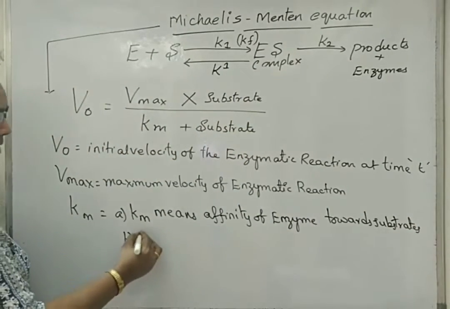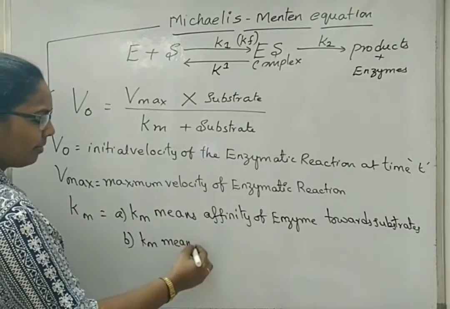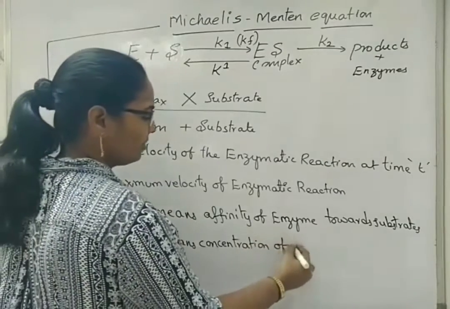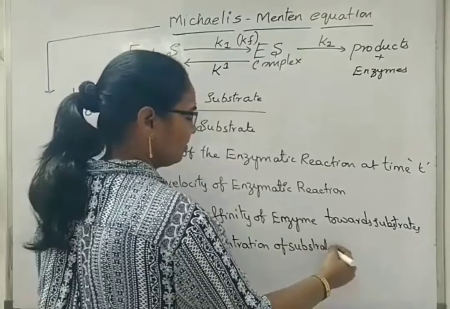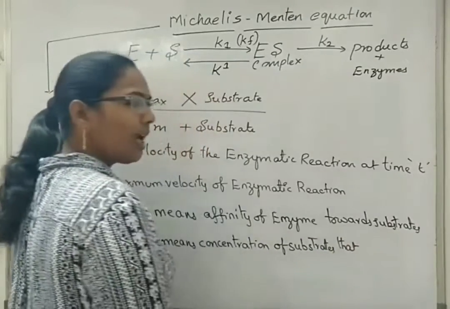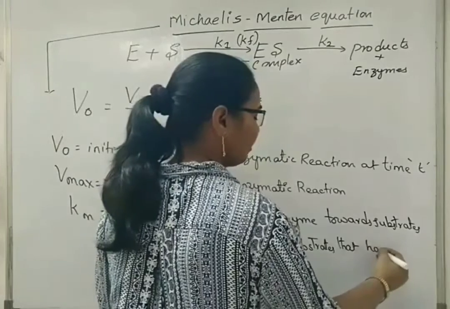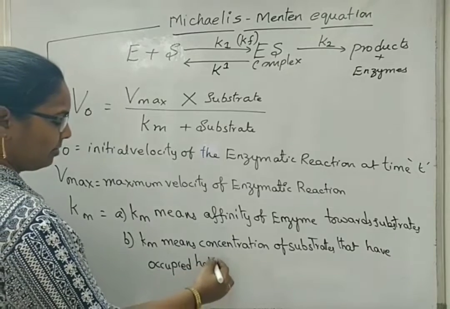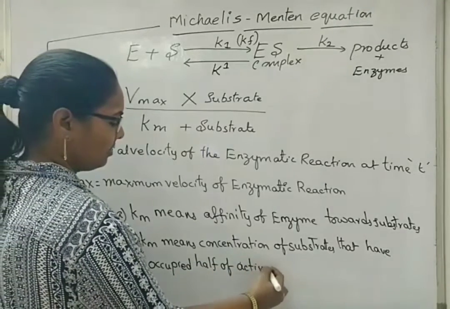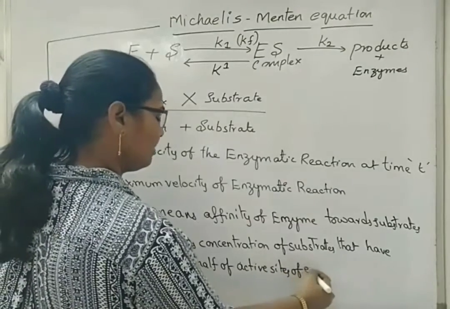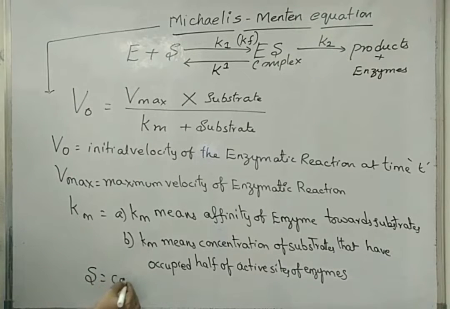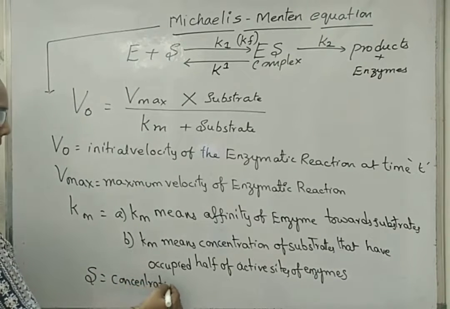Km can also be the concentration of substrates that have occupied half of the active sites of enzymes. S indicates nothing but the concentration of substrates, simply the total number of substrates that are involved in the reaction.